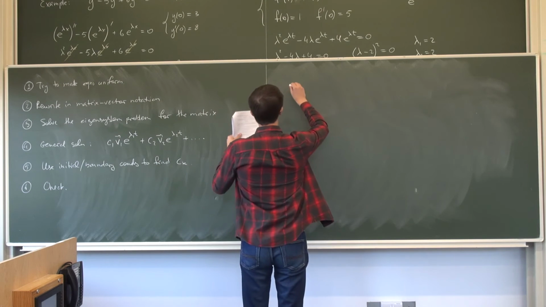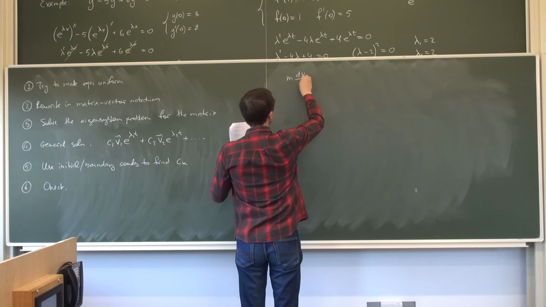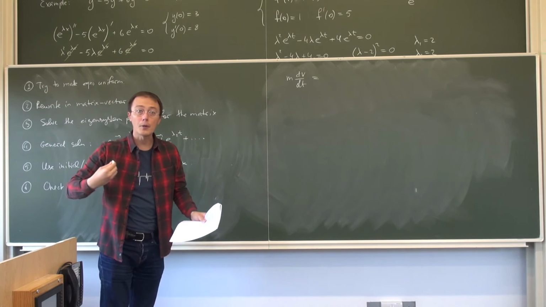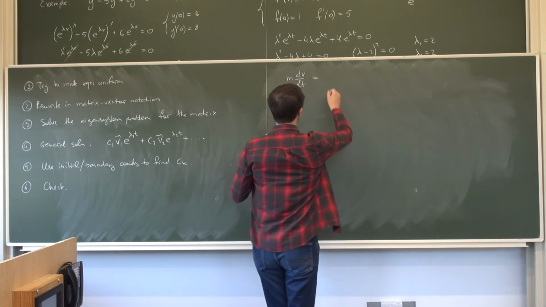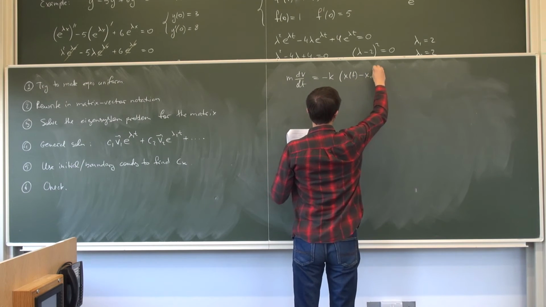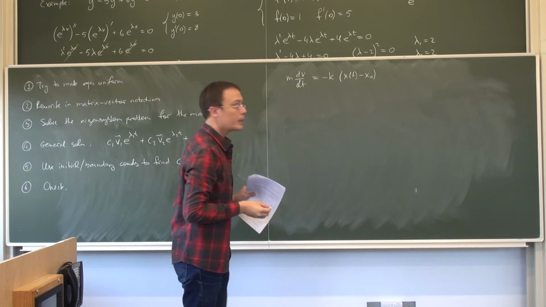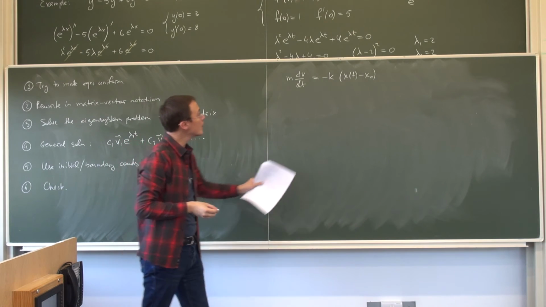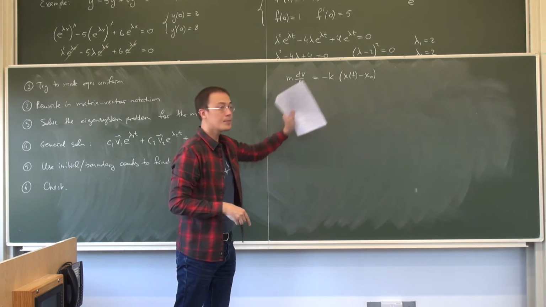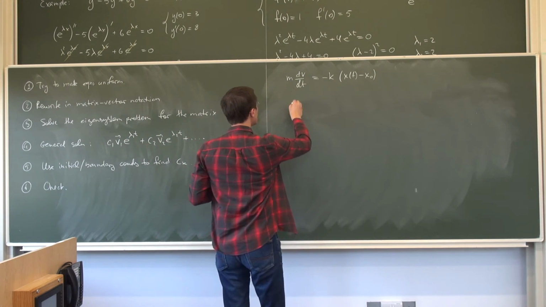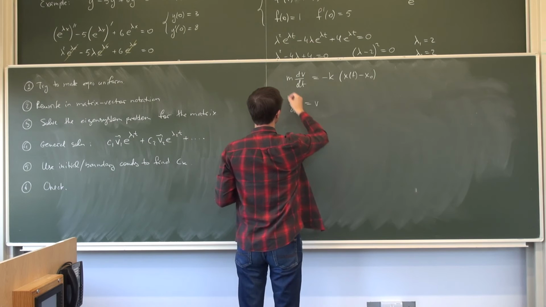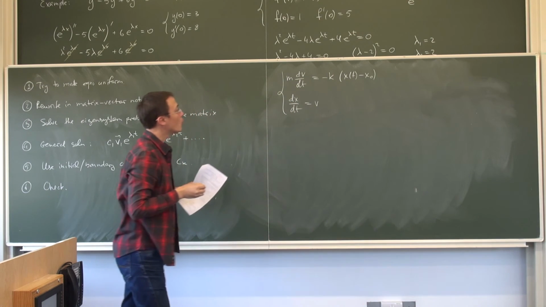So m dv by dt equals force. Well, what is the force on a spring? It's Hooke's law. So minus k times x of t minus x naught, where this is displacement from the equilibrium length of the spring, and k is the force constant of the spring. Pull it and it pulls back. Hence, it's a minus. And then the second equation is that dx by dt by definition is actually v. And that is our system.